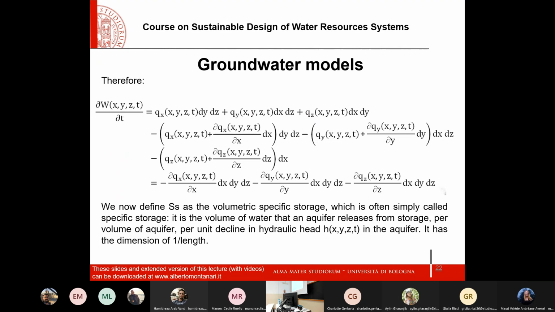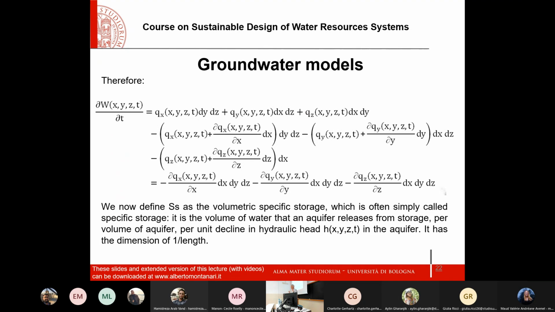And what is the meaning of this volumetric specific storage? The meaning is that if you have a sponge that is under pressure of water, and you suddenly decrease the pressure, the sponge releases water. Because the sponge is elastic, it expands if you decrease the pressure, and by expanding pushes the water out.